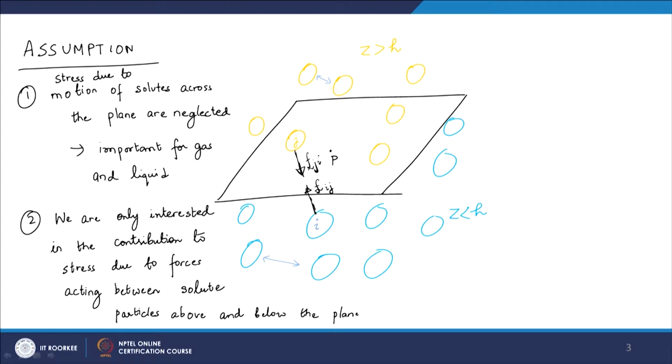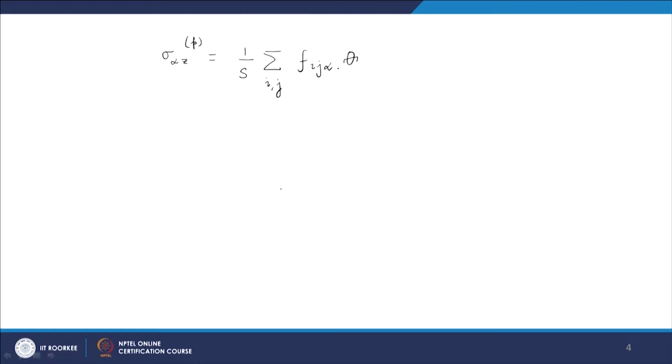So, then we can write the expression for the contribution to the stress tensor as a sum over i and j, Fij alpha, looking at the alpha component, and then we have to find a way to differentiate between the particles below and above, and we can do that using the step function represented using theta.